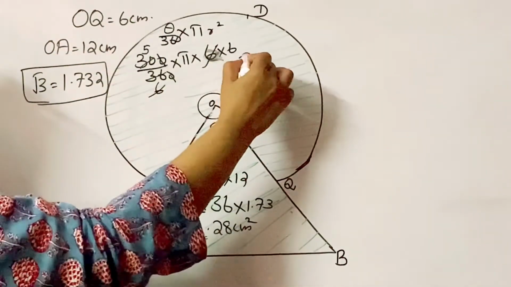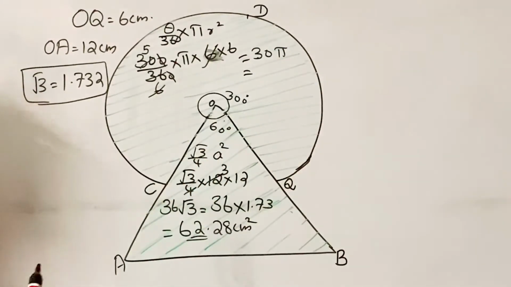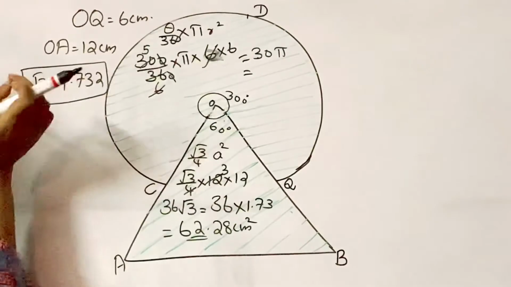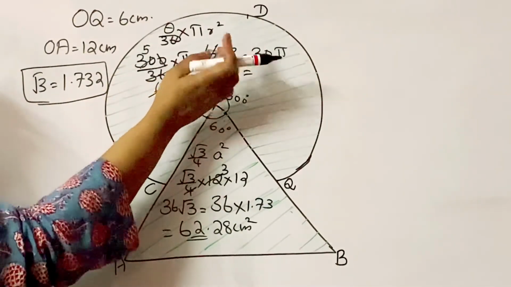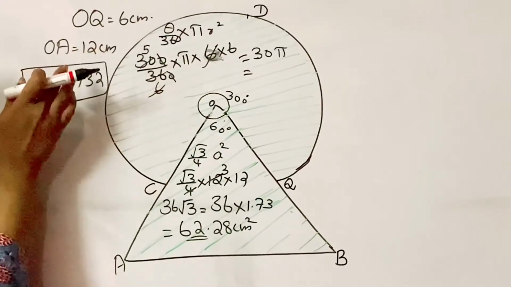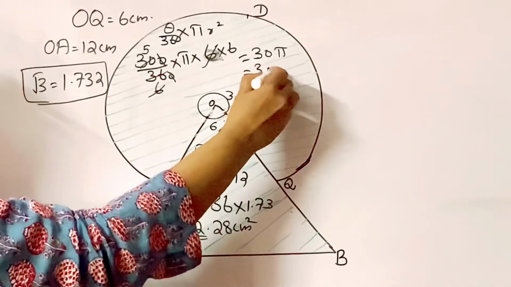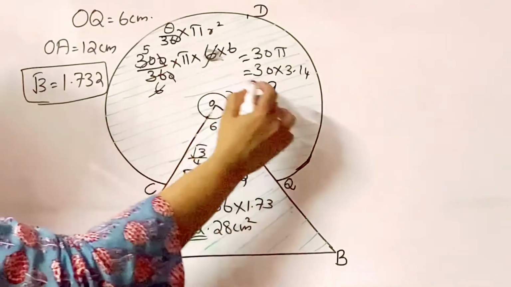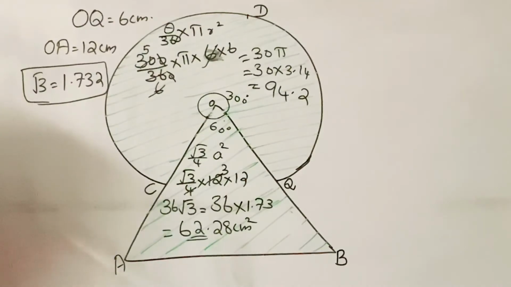Then 30 pi, that is 30 into 22 by 7 or 30 into 3.14. Here we need not take 22 by 7, because this 30 is not a multiple of 7. If it were a multiple of 7 we could cancel quickly, but since we can't, you can take pi equal to 3.14. Then you will get 30 into 3.14, that is 94.2. So the area of the major sector is 94.2.